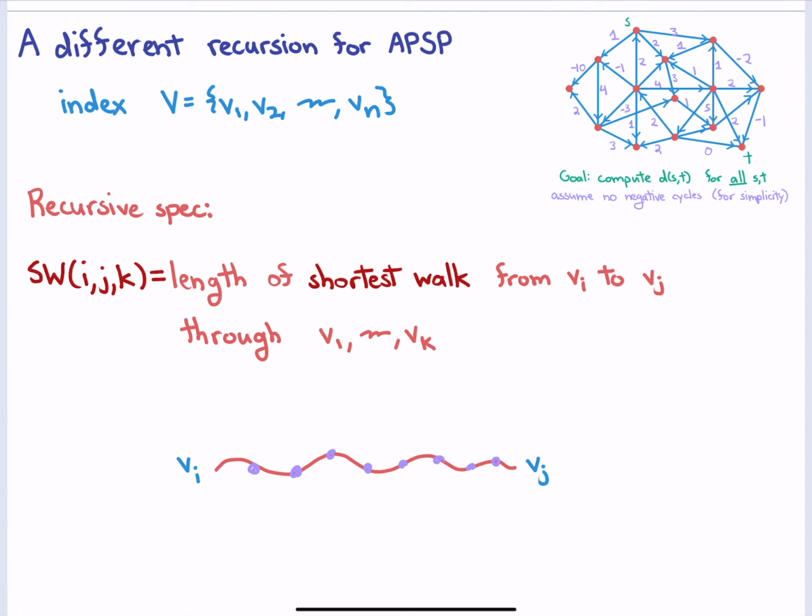All the intermediate vertices must come from the set V1 through Vk. So we're doing a different kind of induction, on which vertices I'm allowed to use in the middle. We're not counting edges anymore.